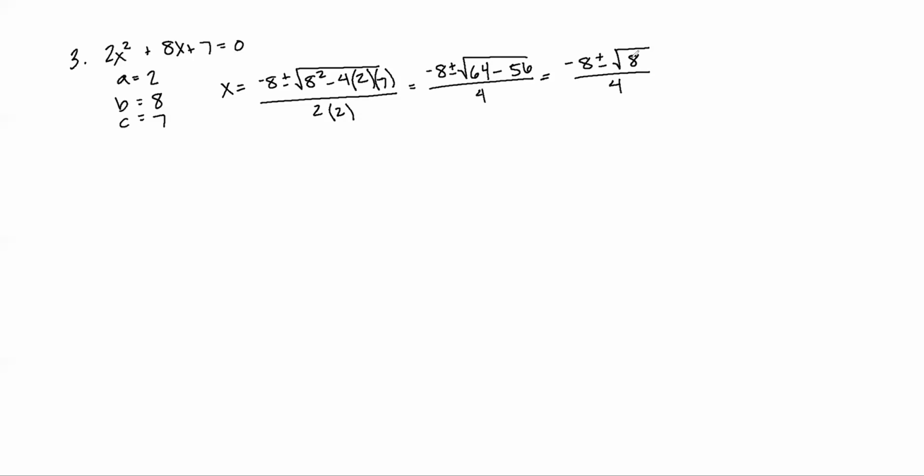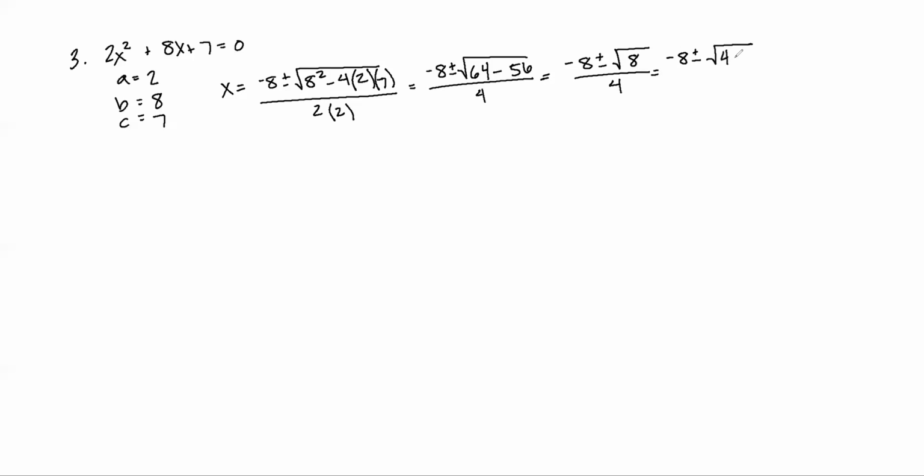Now, square root of 8 isn't something we can actually take the square root of and get a nice whole number, but we can simplify it down. So we're going to have -8 plus or minus. Now, the square root of 8, we can write this as 4 times 2. Actually, let me do it right in the equation here.